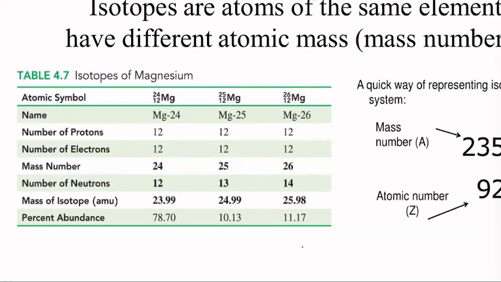Now, understand that this data has been gathered in the laboratory. Similarly, when they have sampled the world around us to find the most prevalent magnesium, we have been offered in this table the percent abundance. The percent abundance tells us how common it is to find a particular isotope.